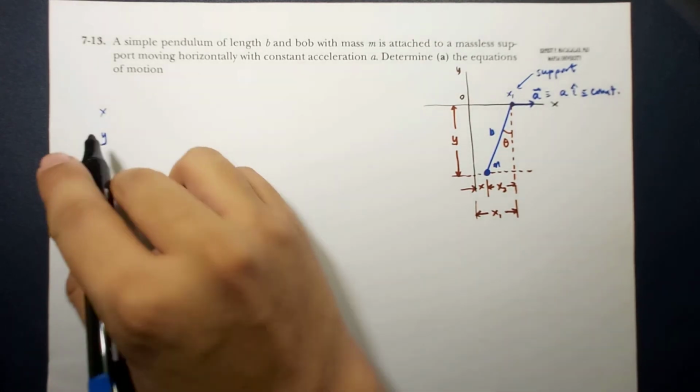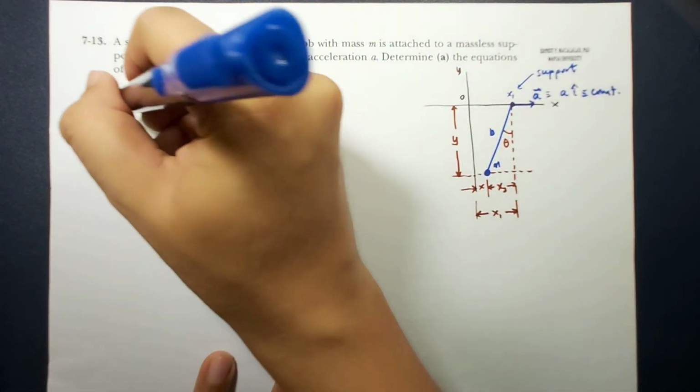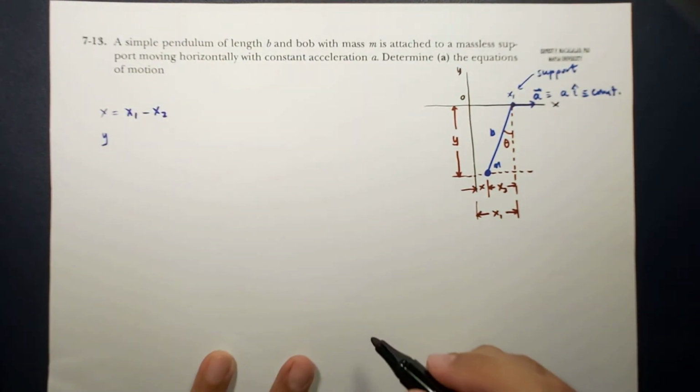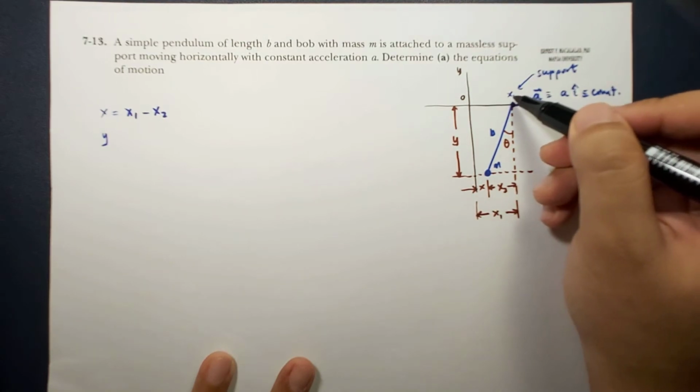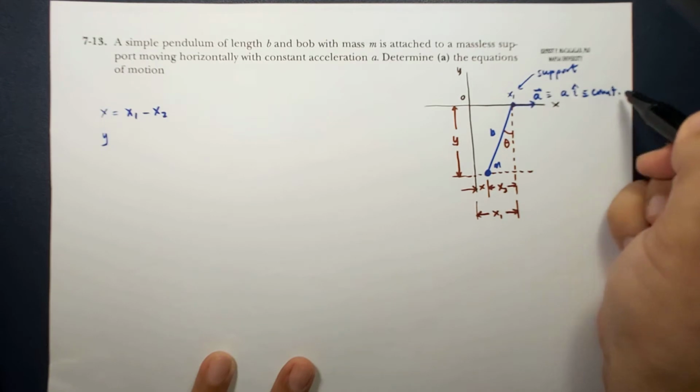Now x in terms of x1 and x2 is given by x1 minus x2. x1 is the position of the support, which moves with a constant acceleration.